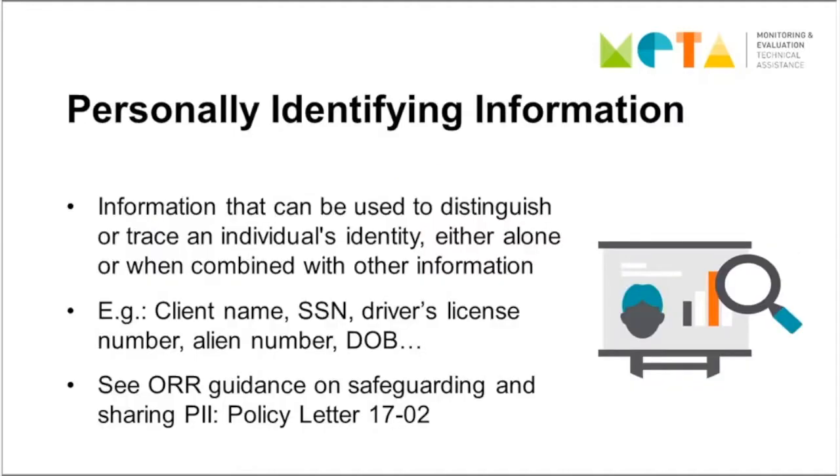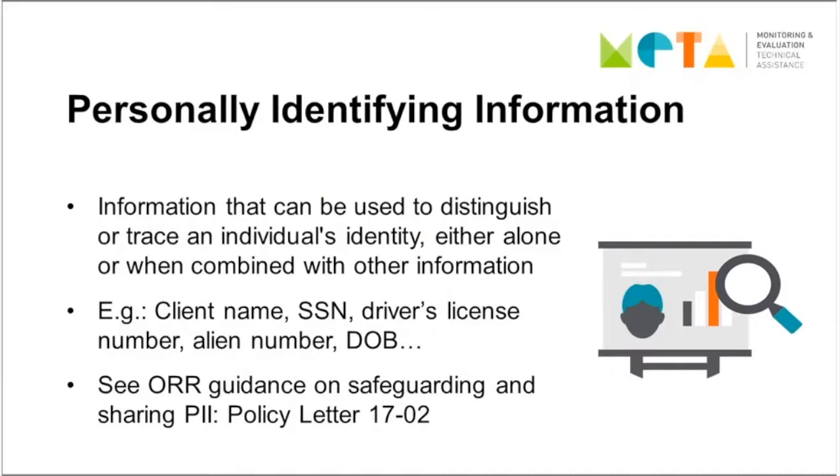So personally identifying information is something I wanted to be sure I didn't skip over here. I just wanted to address the subject of what PII is and how you safeguard it. Personally identifying information is any information that alone or when combined with other data can trace an individual's identity.